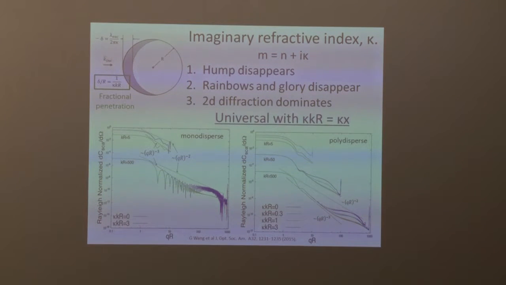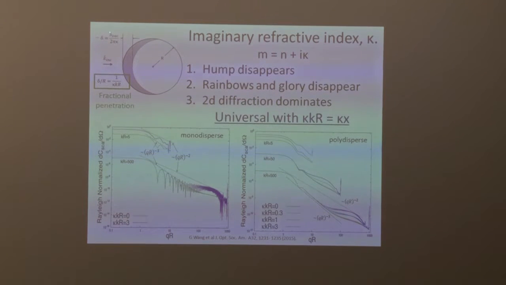Now, as Will was leading me, what's the physical significance of kappa KR? Well, you can show that the penetration depth of the waves coming into the sphere, the 1 over E length, call it delta, is given by the wavelength in vacuum over 2 pi kappa.